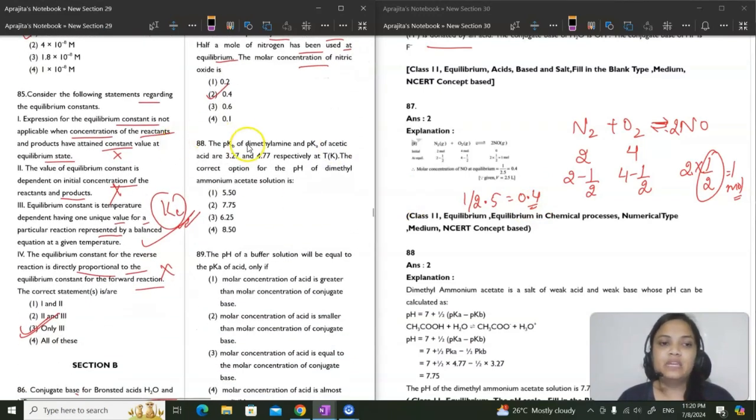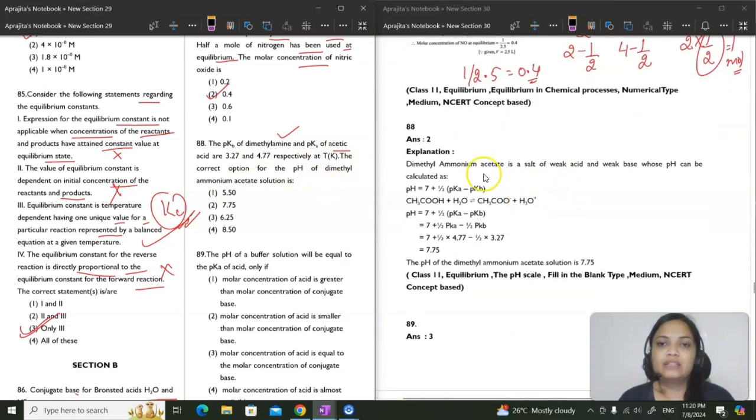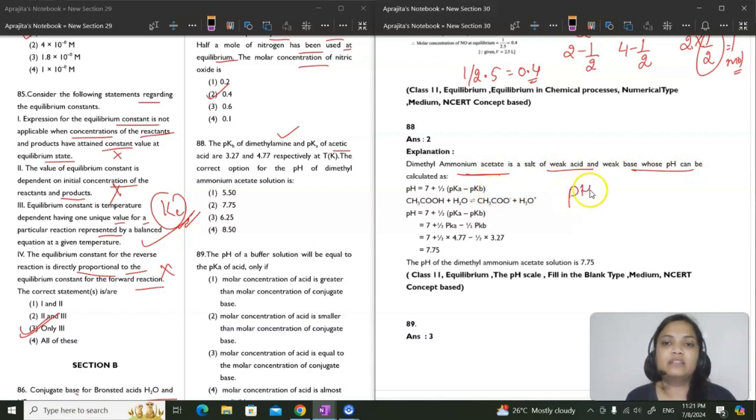Next, the pKa of dimethylamine and of acetic acid are given. The correct option for the pH of dimethyl ammonium acetate. Students, dimethyl ammonium acetate is a salt of weak acid and weak base. So the pH will be calculated as 7 plus half into pKa minus pKb.